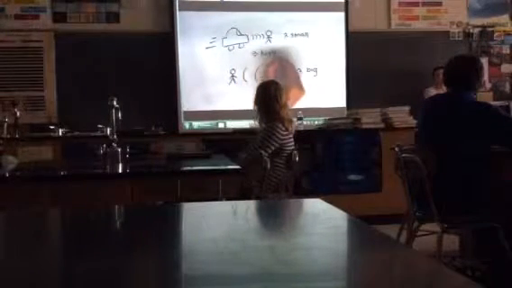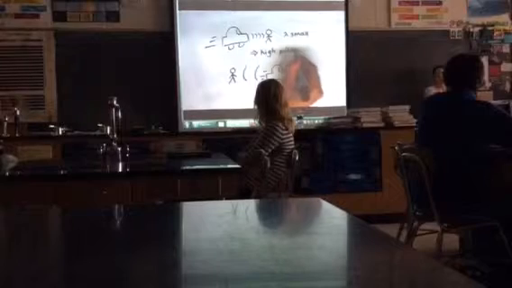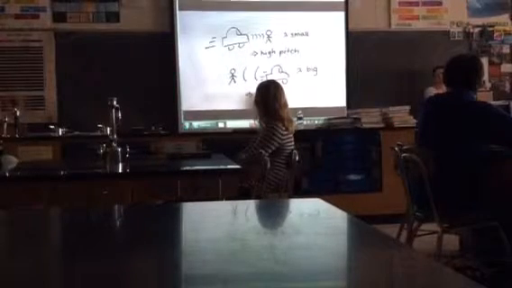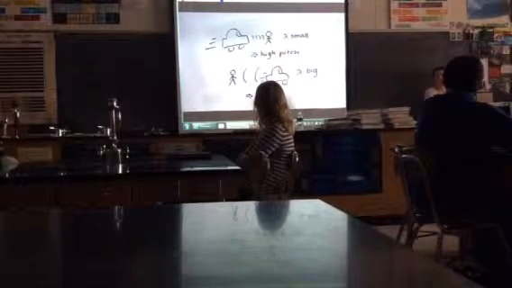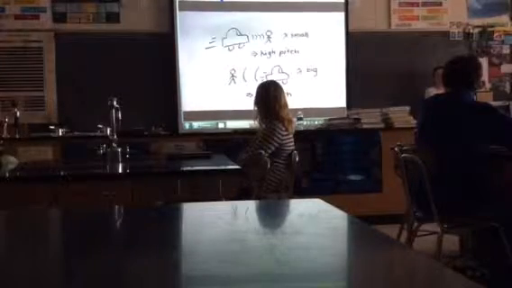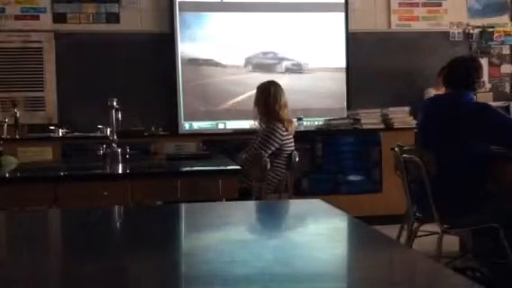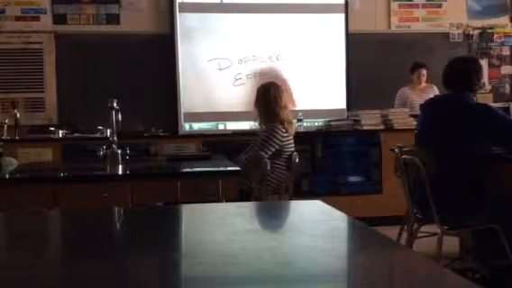Therefore, in front, we should hear a high-pitched sound, and behind, we should hear a low-pitched sound. Can you hear it? This phenomenon is what physicists call the Doppler effect.